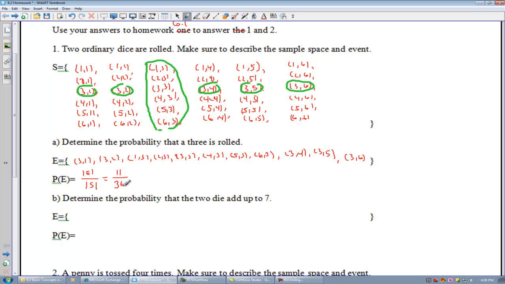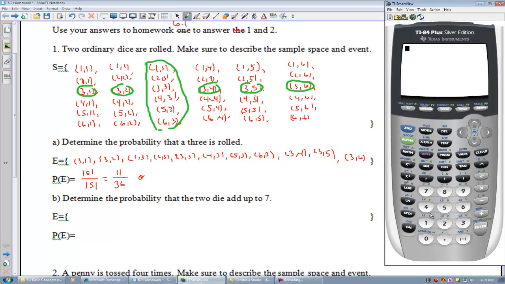Right, so if I roll 2 dice 36 times, I would expect that 11 times I would see a 3 rolled. We can also write the percentage of this. On my calculator, I can just take 11 divided by 36, and that's going to be equal to about 31%. So, about 31% of the time.